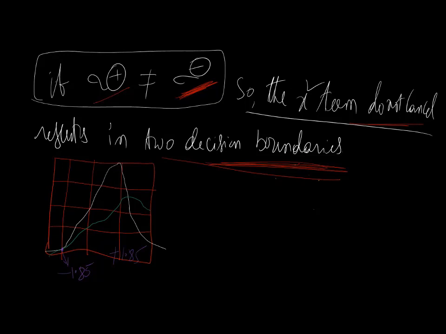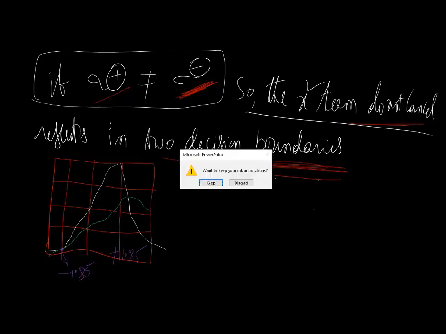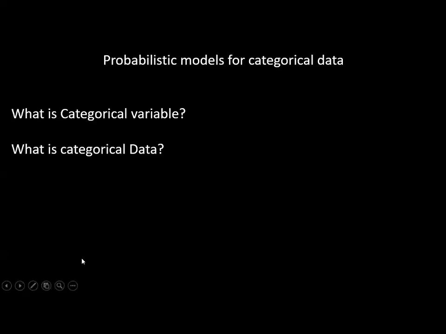Let us move on to probabilistic models for categorical data. So the next concept is probabilistic models for categorical data.